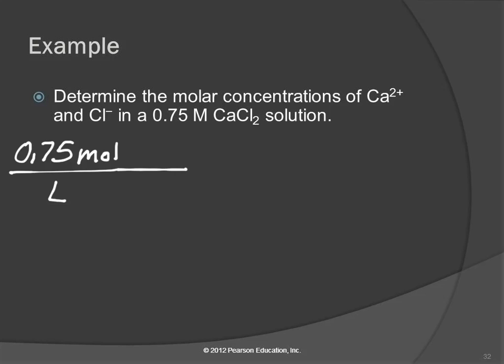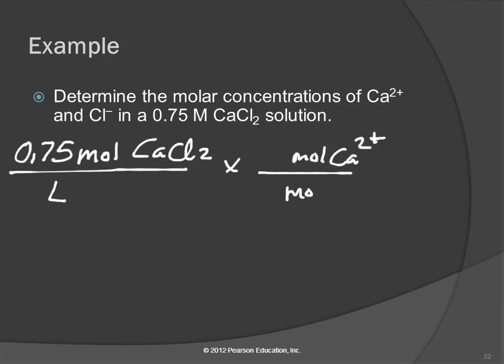Moles of sucrose? Calcium chloride. CaCl2 per liter of solution. Now they're asking us what the mole per liter concentration of calcium ions is. So we would have to multiply by moles of calcium ions and we would divide by moles of calcium chloride.